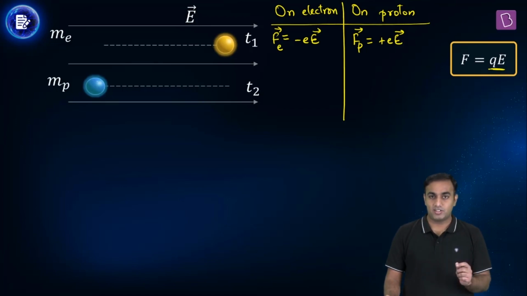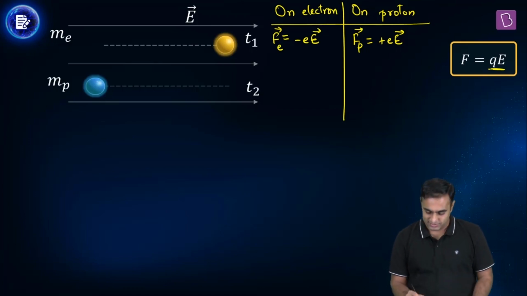Because electron is a negatively charged particle. In both cases, the charge happens to be in magnitude small e, but one is positive, one is negative. So, let's find the acceleration of electron and proton first.